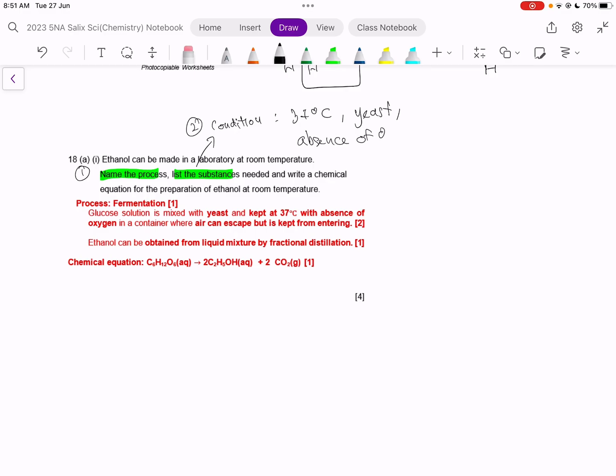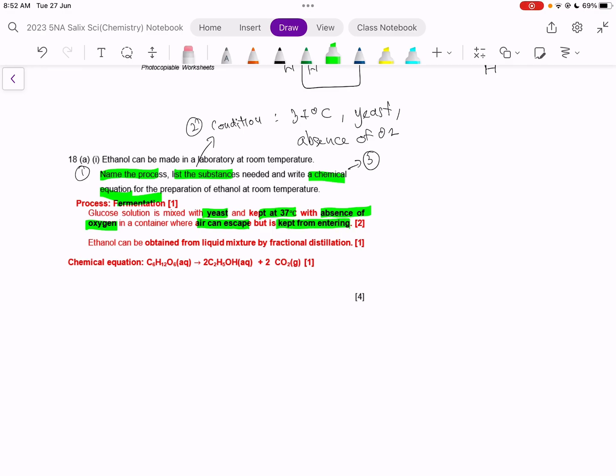And then also a chemical equation, which is the fermentation equation, that's number 3. So fermentation, then yeast and 37 degrees Celsius plus absent oxygen, in a container where air can escape but is kept from entering.